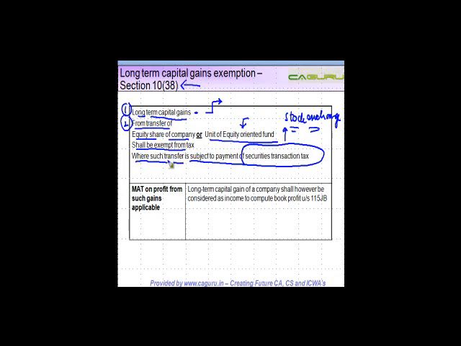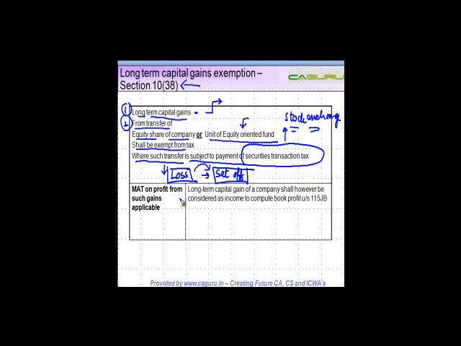Now as a corollary it follows that if there is a loss on sale of such shares, these will not be allowed to be set off. Why? Because the fact of life is that these gains, if any, are not taxable. Therefore if there is any loss also, that is not allowed to be set off against other capital gain income.